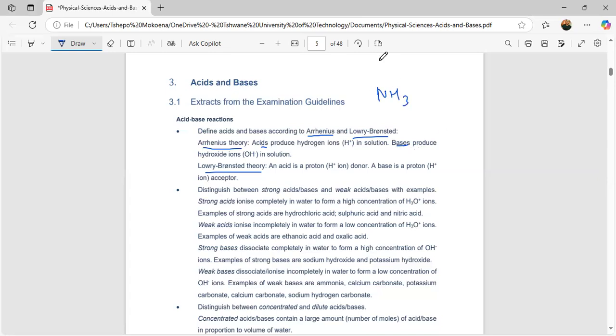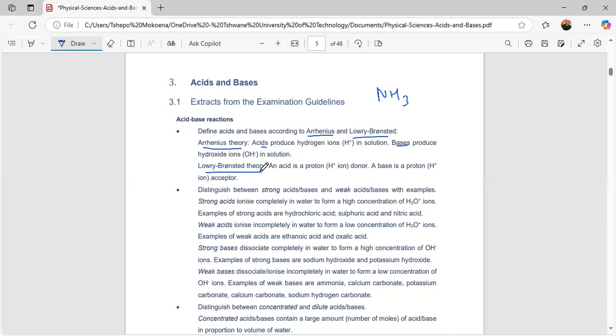Ammonia is a base. But my question is, does ammonia produce OH- ions in the solution? It actually does, if it reacts with water. If ammonia reacts with water, it will produce hydroxide ions in a solution. But does ammonia itself turn into hydroxide ions when it reacts? No. So that gives an exception to how a base actually behaves.